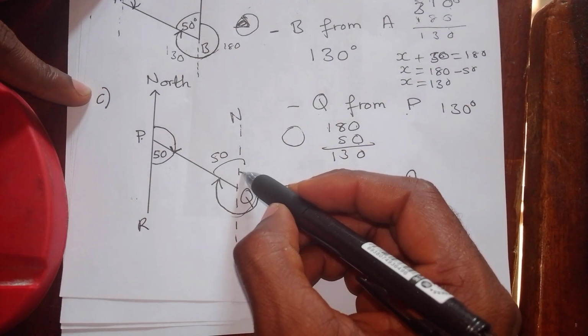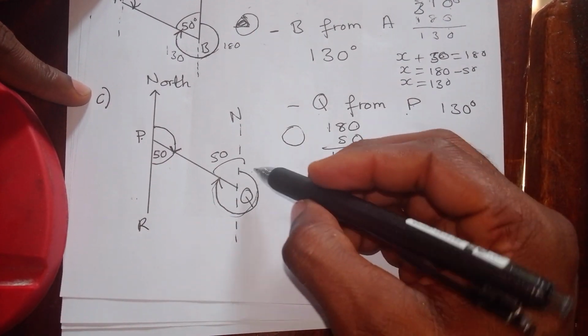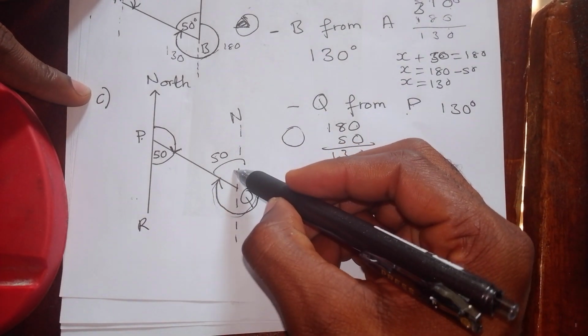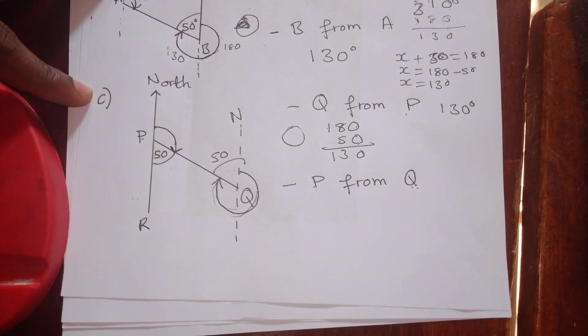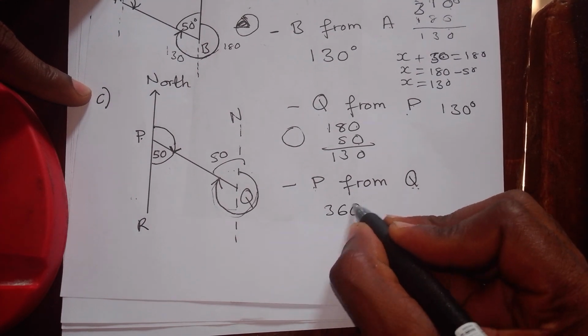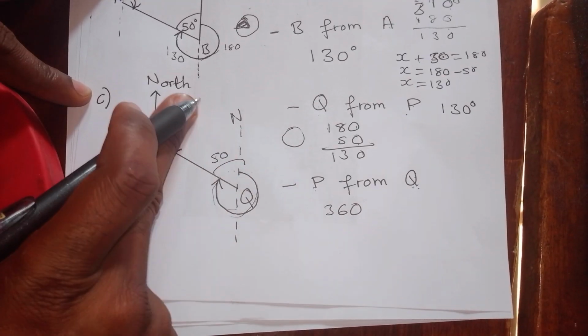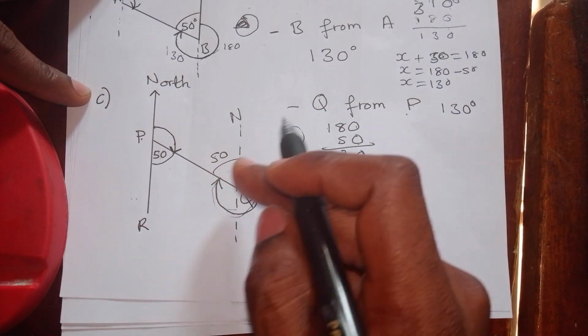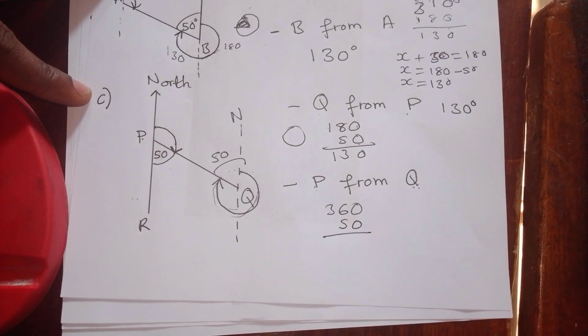To find this angle here, you can just say the full circle, or the full revolution, is always 360 degrees. So you can say 360 degrees, and then you want to remove this small portion so that you remain with this bigger portion. You can just subtract a 50.